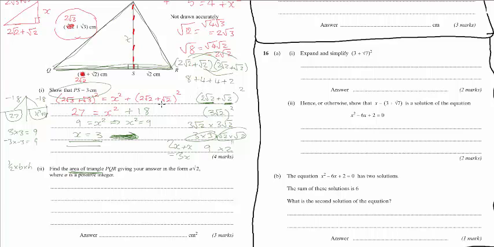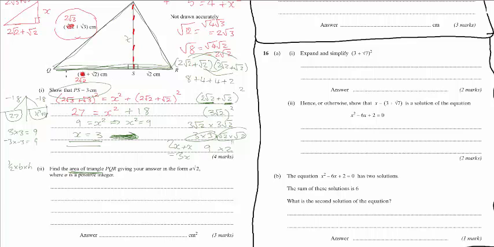An important thing here is you might sometimes do a question a different way from the mark scheme. Don't worry, as long as you know what you're doing and it makes sense to you, you'll always get the right answer.